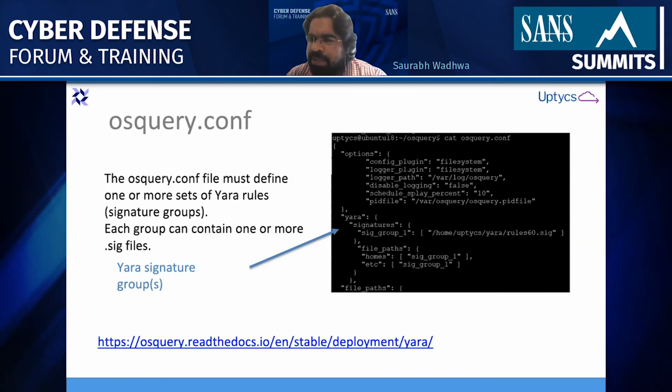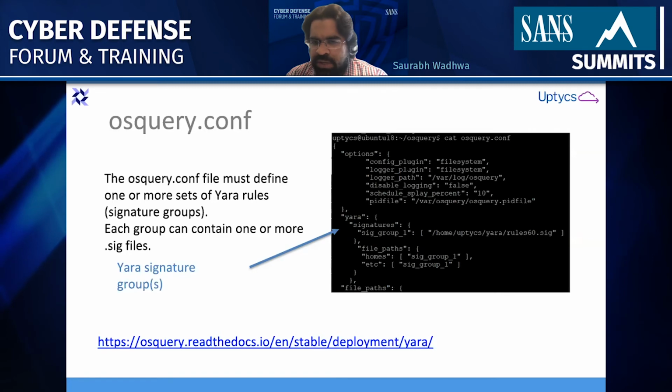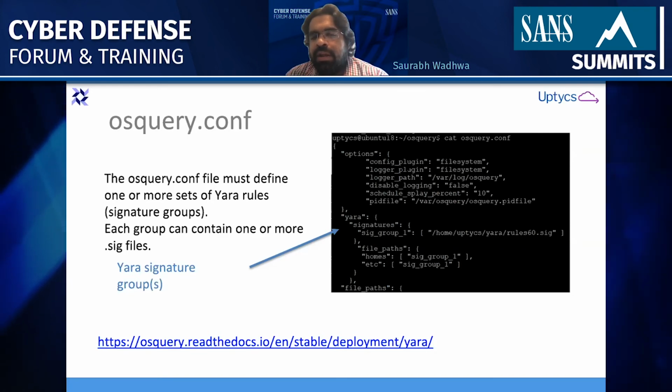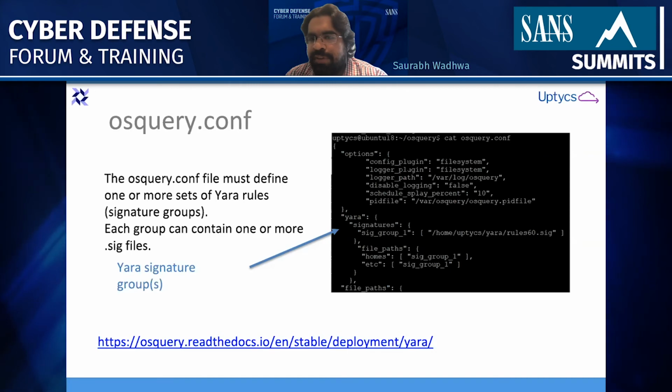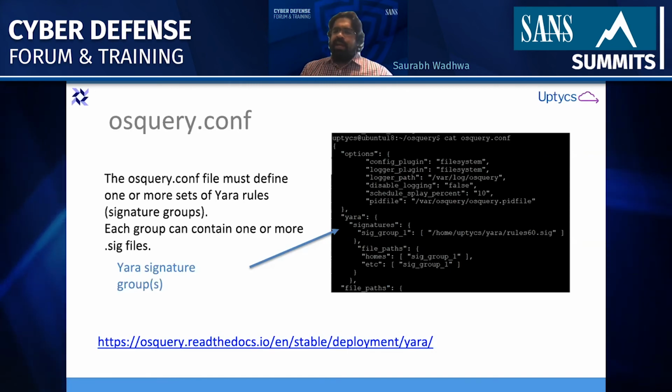But you can have multiple sig files within one group. Then we have specified file paths, like home, that anything under the home directory will be scanned using sig_group_1, which consists of the rule60.sig file. So it's basically a hierarchy of how the scanning works.